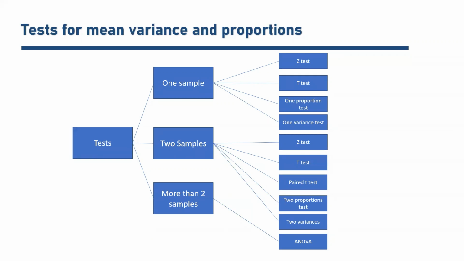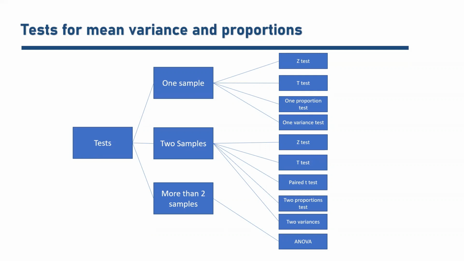And with more than two samples, we have ANOVA. So we'll go through ANOVA, and with this we will also cover the chi-square test and everything. So don't worry about it. Everything asked in an interview, or whatever concepts need to be crystal clear, we'll make sure you understand each of them.